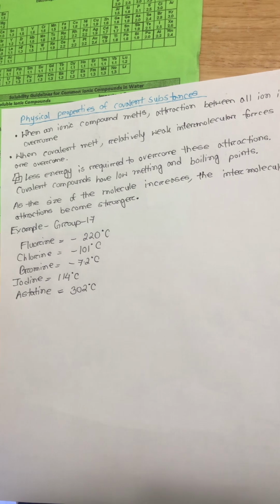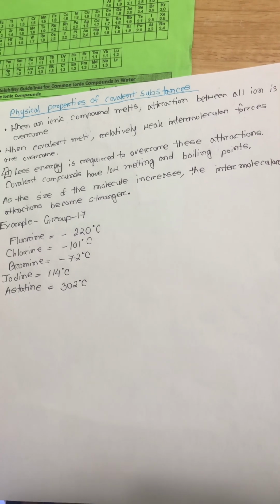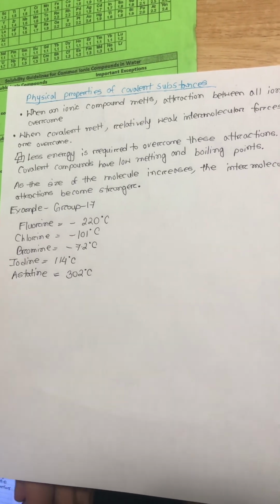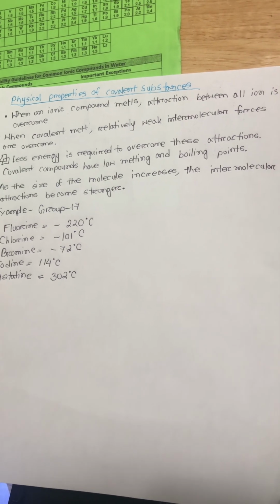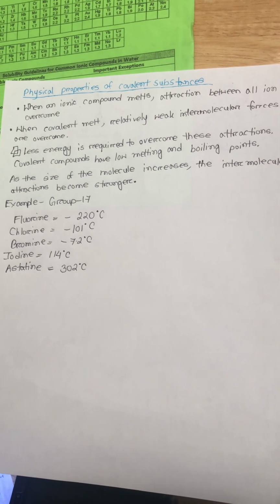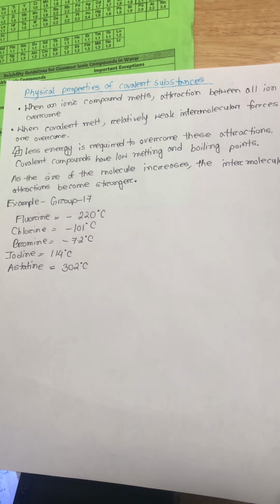On the other hand, xenon difluoride has London dispersion force which is much weaker. But the size of the xenon difluoride molecule is larger than water, and as the size of the molecule increases, the intermolecular attractions become stronger.